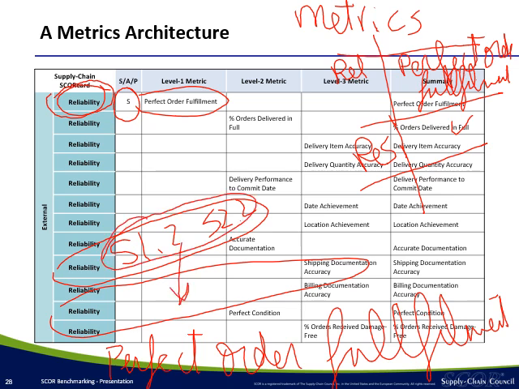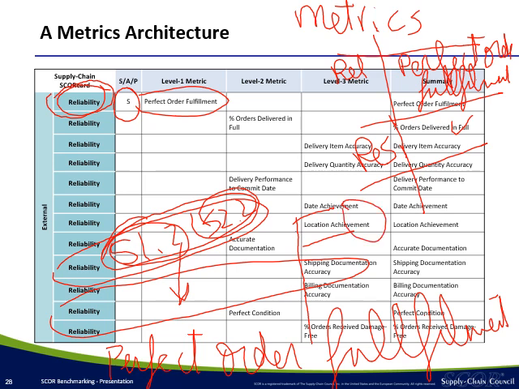So perfect order fulfillment means here how many orders arrived in good conditions at the promised date. So it will tell you where to find this data in your system. And then the last part of the page tells you what the level 2 of perfect order fulfillment is.